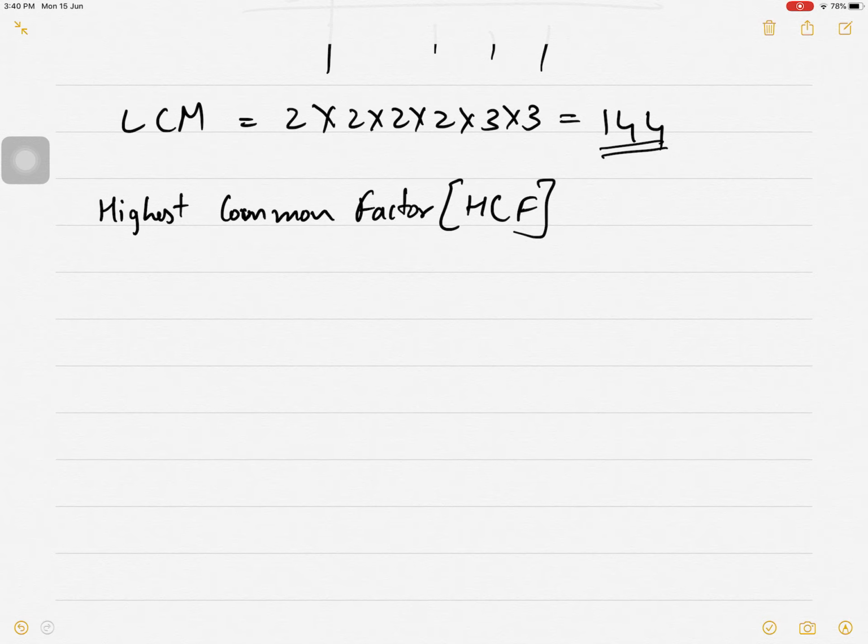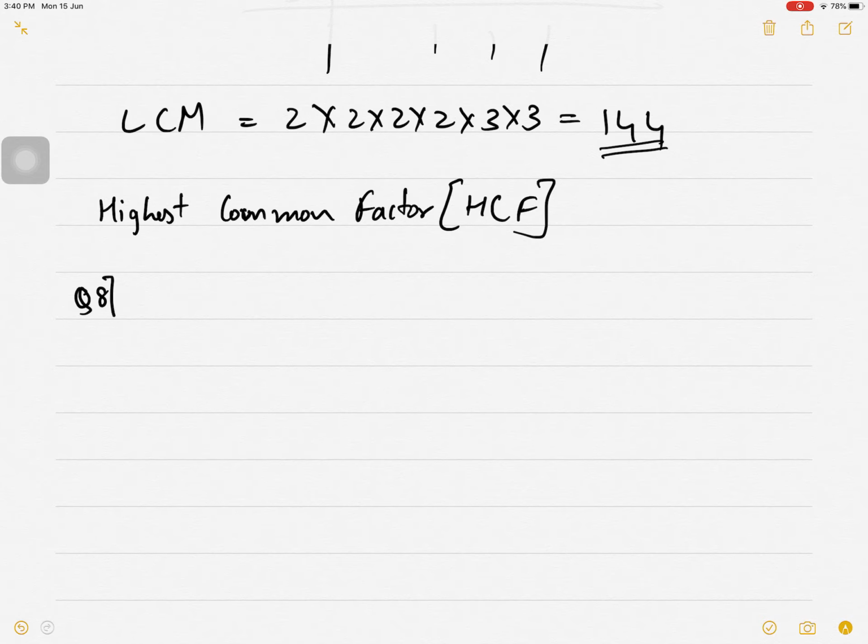First, you will calculate the prime factors and then you mark the common prime factors, and the product of all common factors is the highest common factor. Okay, you have already studied this in 7th, 8th standard maybe.